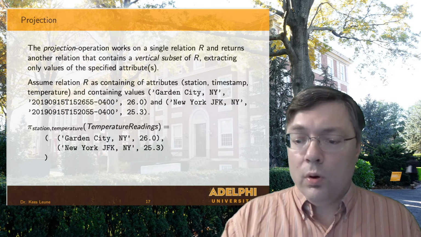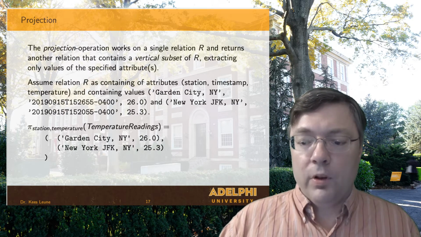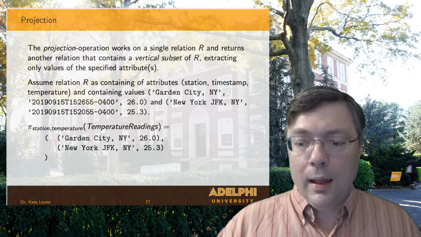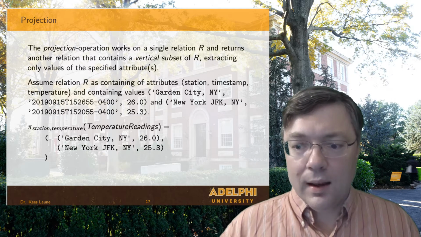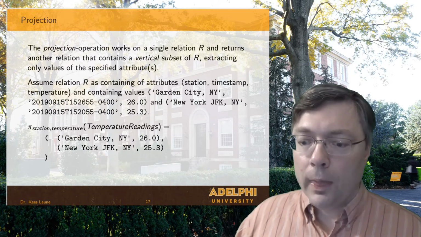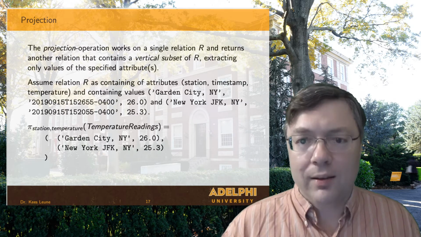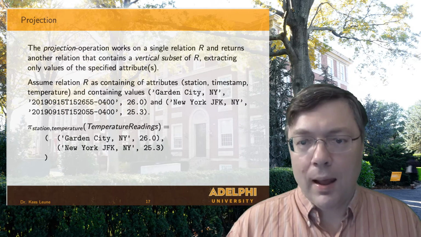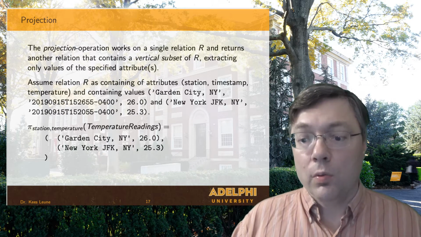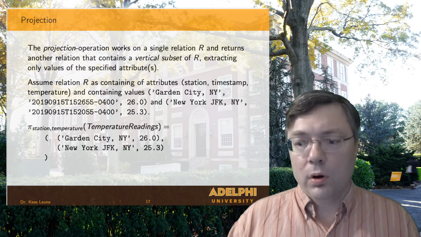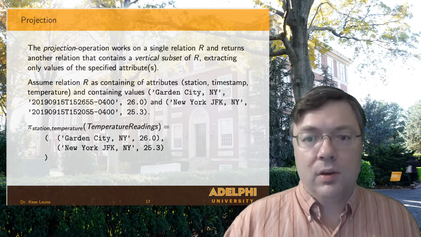If I want to only care about the temperature and the station, I can take my entire tuple and say, show me only the station and the temperature. So I'm projecting only the station name and the temperature of the relation called temperature readings, or R, and I'm creating that as an output.